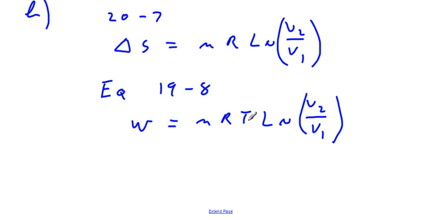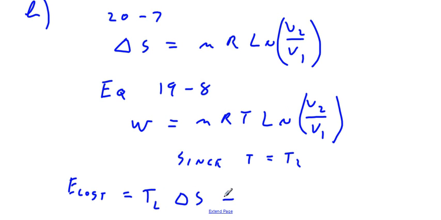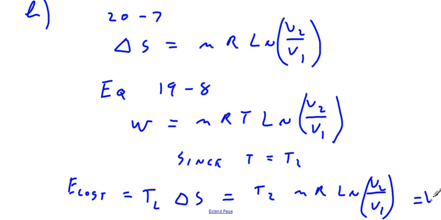Now, since T1 is equal to T2 in this particular case, the energy loss is going to be T_L delta S, which is going to be T2 nR natural log volume 2 over volume 1, which is equal to the work done.